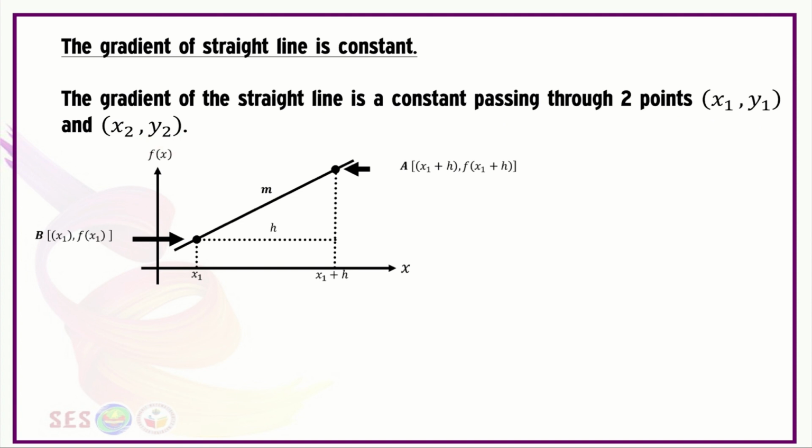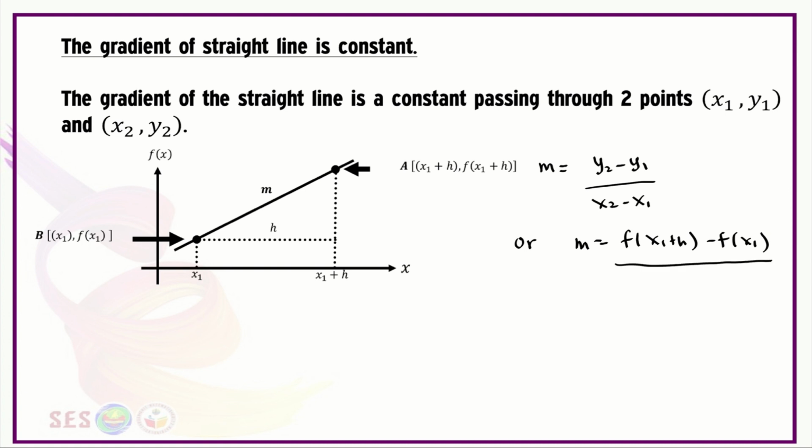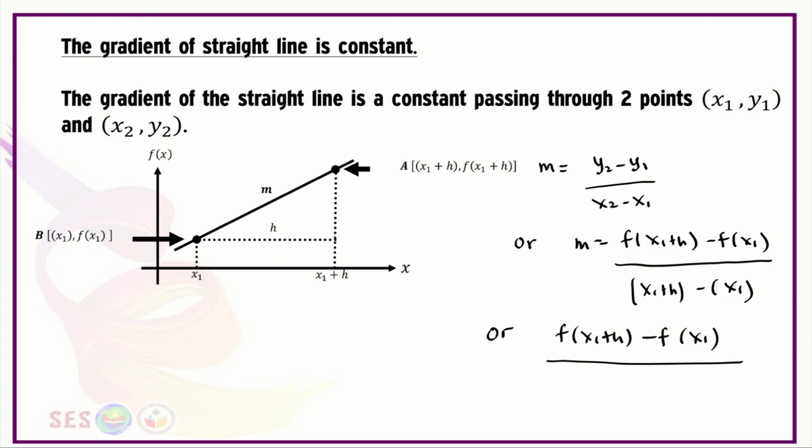We write the gradient as m equals y2 minus y1 over x2 minus x1, or it can be written as m equals f(x1 plus h) minus f(x1) over (x1 plus h) minus x1, or f(x1 plus h) minus f(x1) over h.